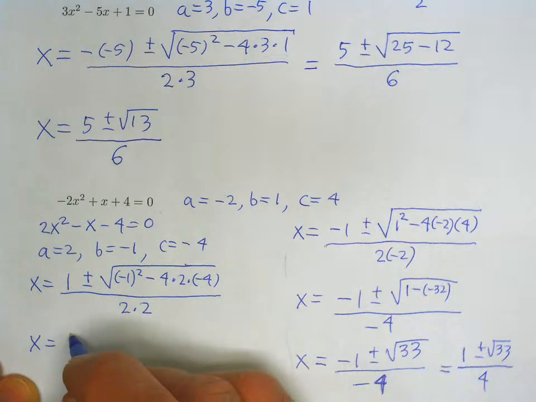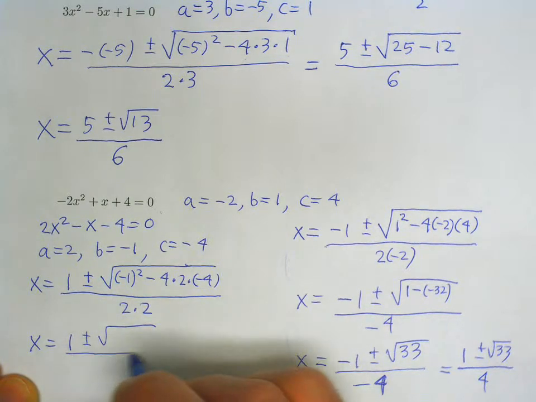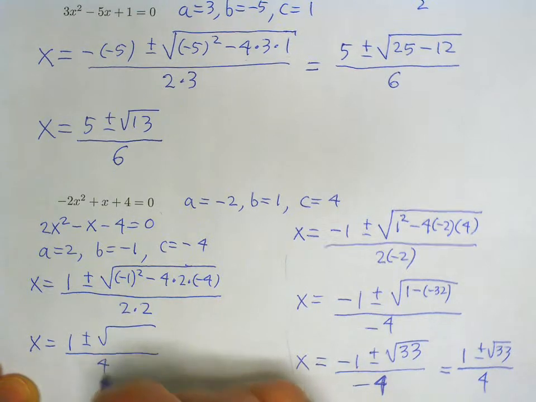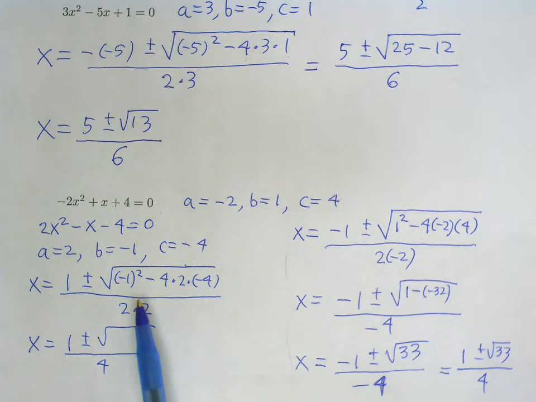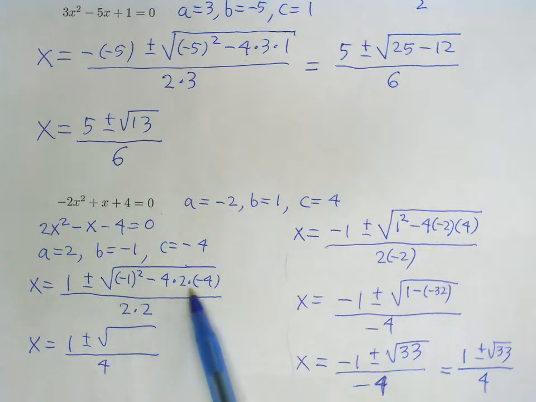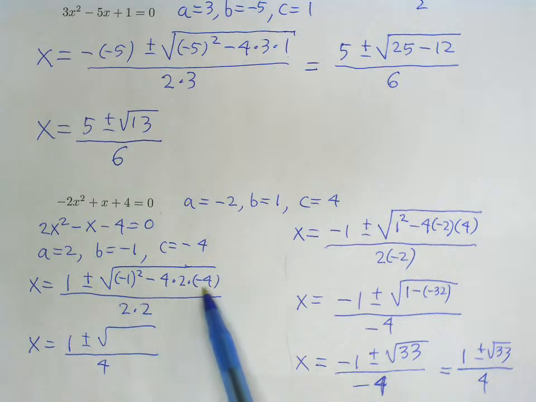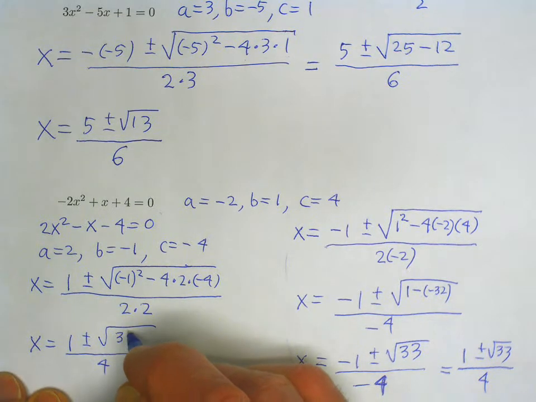And then x equals 1 plus and minus the square root of some number divided by 4. So inside the square root, the number -1 squared is +1, and we're subtracting 4 times 2 times -4. So it's +1 minus -32 again, but we know that 1 minus -32 is just +33.